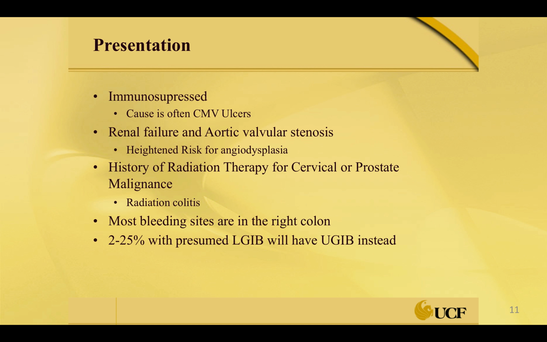We have patients also with a history of radiation therapy for cervical or prostate malignancy, producing radiation colitis, making that tissue very friable and brittle and prone to bleed. Most bleeding sites are in the right colon, and 2 to 25% of patients with presumed LGIB will also have an upper gastrointestinal bleed instead.